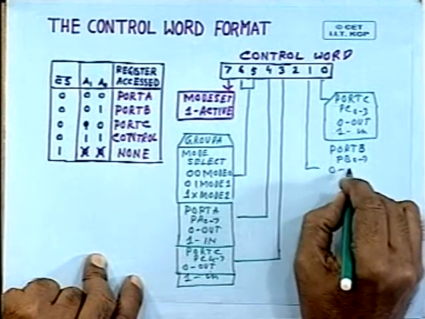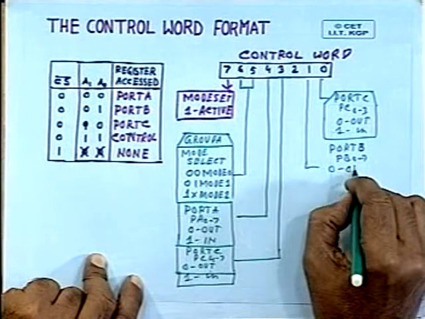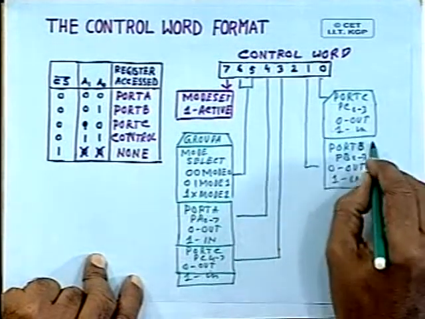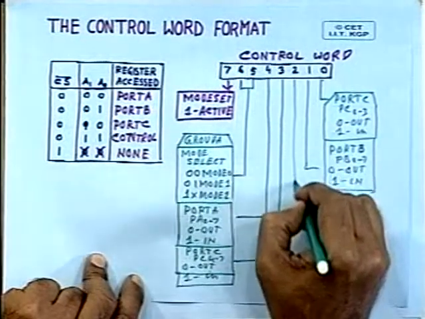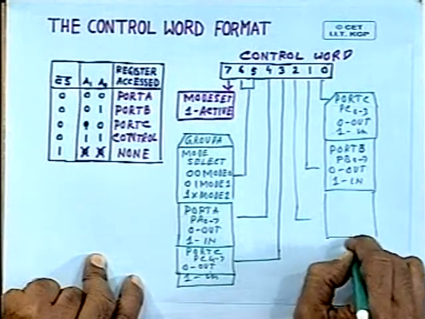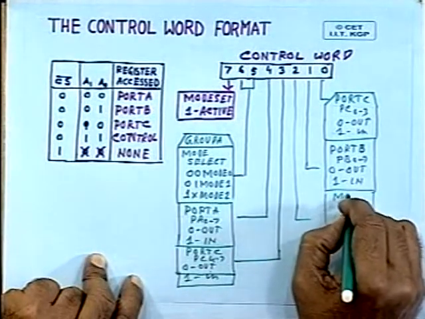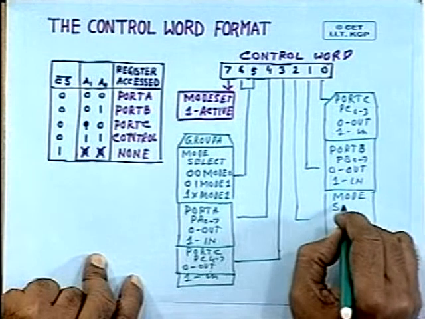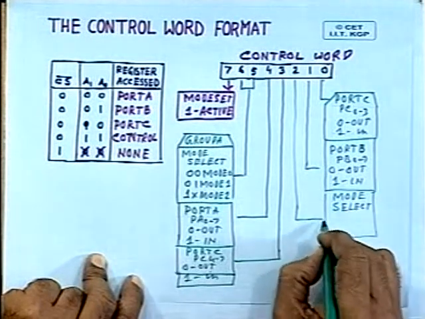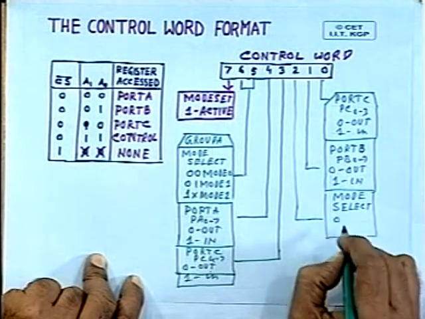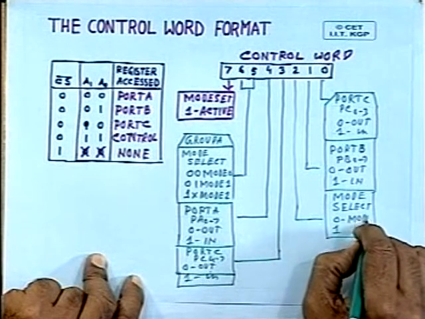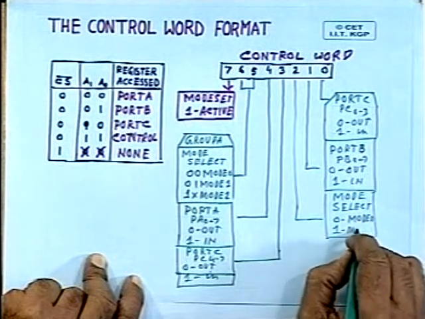Here also 0 for out and 1 for in. And the last bit, bit 2, will control the mode of operation. That means mode select can be performed with the help of this bit. Since there is only one bit, depending on the value of 0 and 1, it can work either in mode 0 or mode 1.